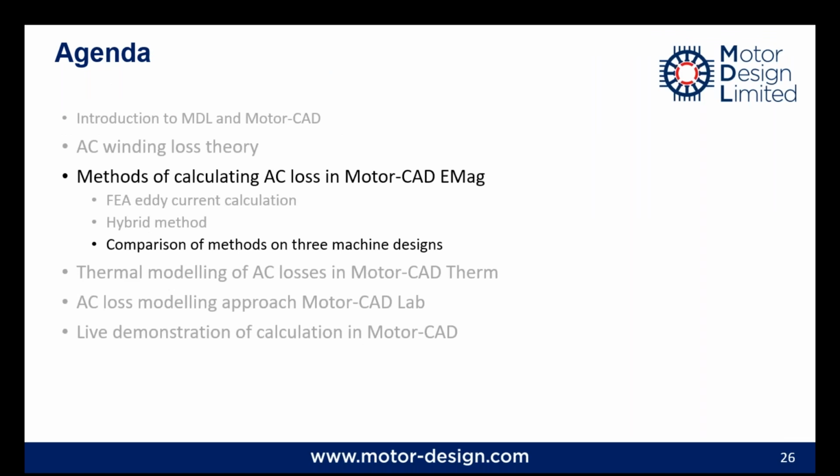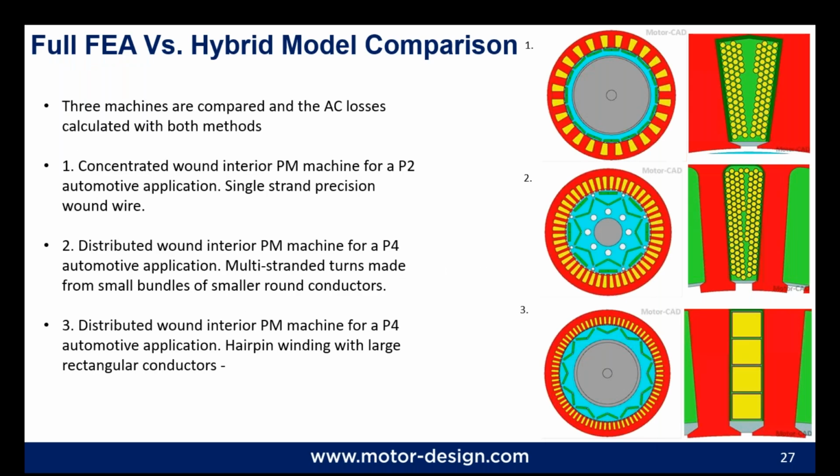So in the next few slides, I'm going to compare the methods on some different machine designs with different windings. So we've chosen 3 machines. We've chosen them specifically because they represent the range of permanent magnet machines that we see a lot of, and they've all got distinct winding approaches. So it's good to compare the AC loss model on these different varieties.